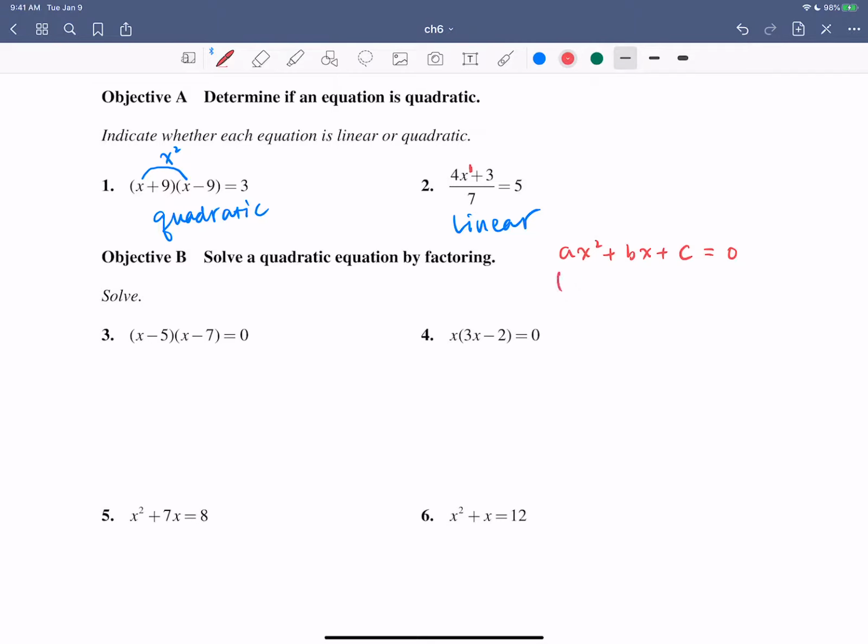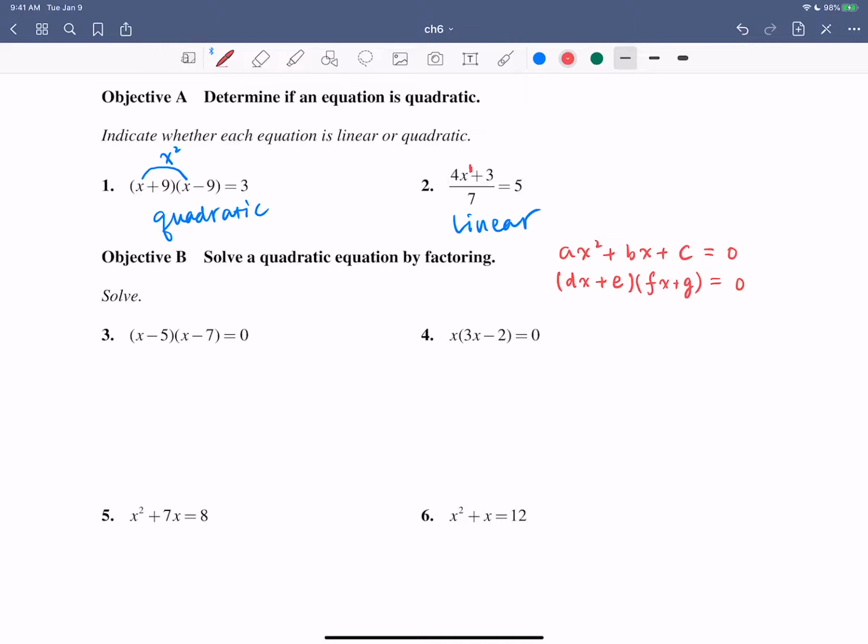That's going to give you something times something equals 0. Let's make it d times x plus e, and then f times x plus g. That's usually what it looks like after you factor the left-hand side.